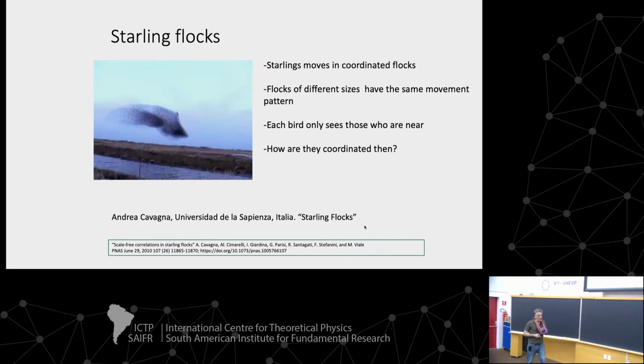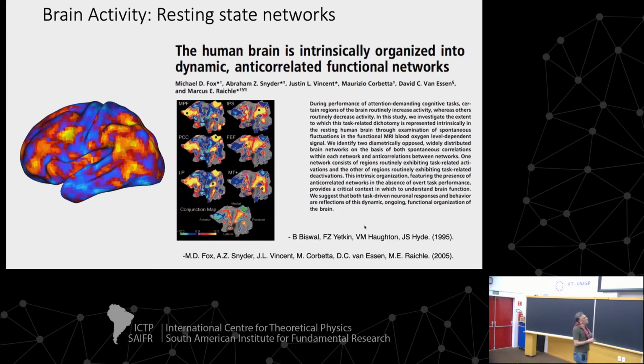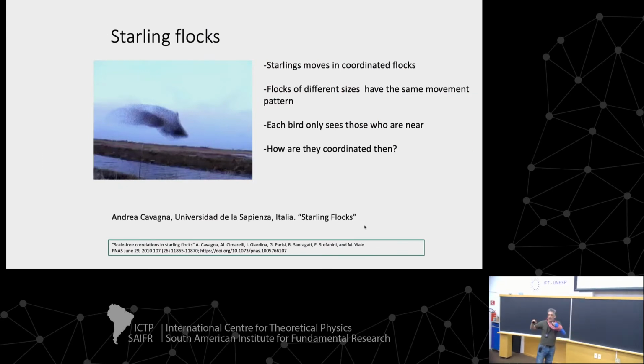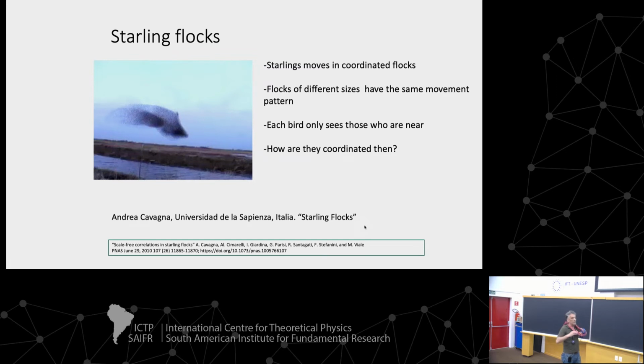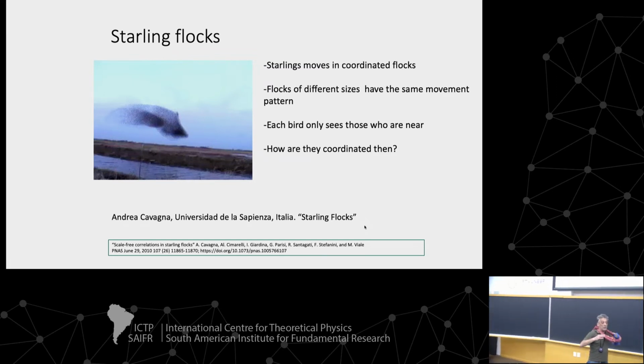For instance, in starling flocks, moving in a coordinated way, different sites of the flock have the same or different movement patterns. Each bird only sees those birds that are near to it, and even so there is some level of coordination at the scale of the whole flock.